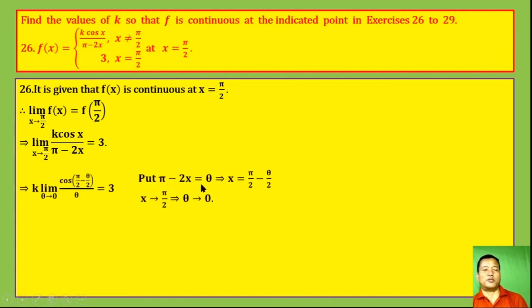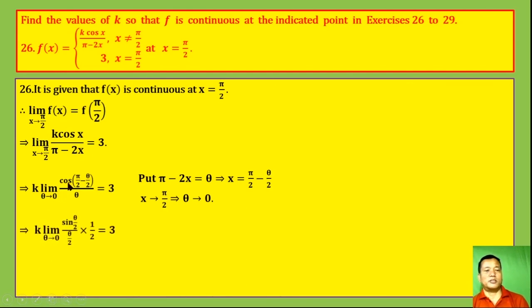Putting pi minus twice x equal to theta, we solve for x from here and get x equal to pi by 2 minus theta by 2. Replace x by pi by 2 minus theta by 2. When x tends to pi by 2, theta tends to 0.